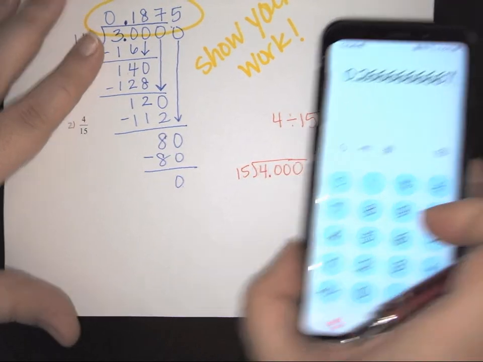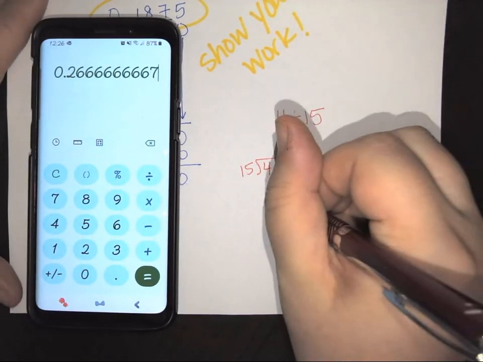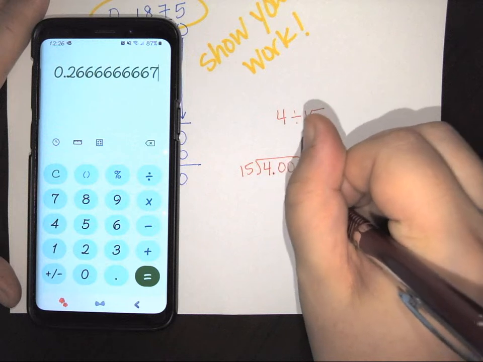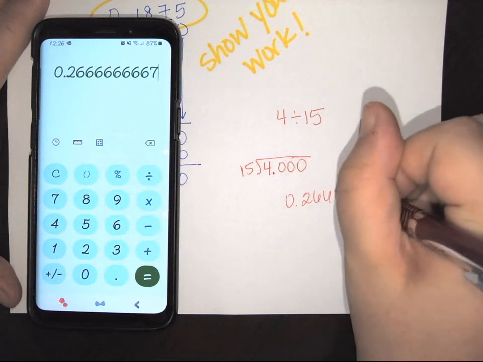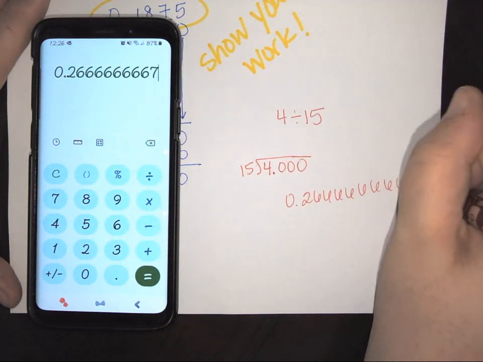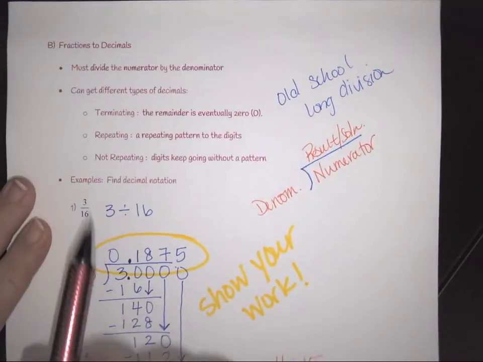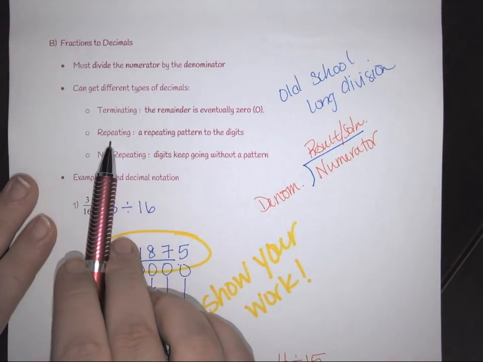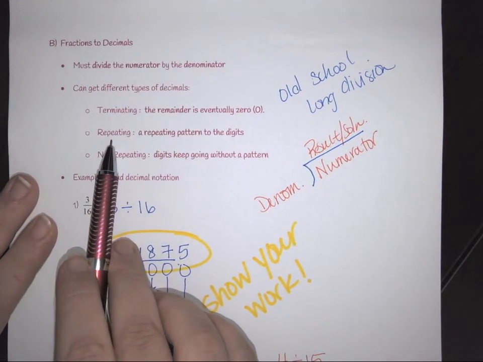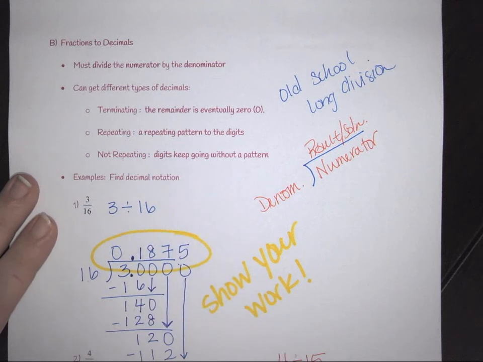So what we end up getting is 0.26666666666. Write them until you get tired, and then you round up the last one. Okay? So this is called a repeating pattern. So it's a repeating pattern to the digits.